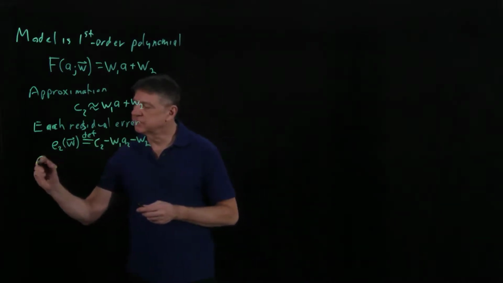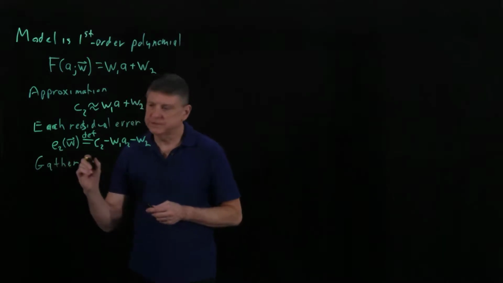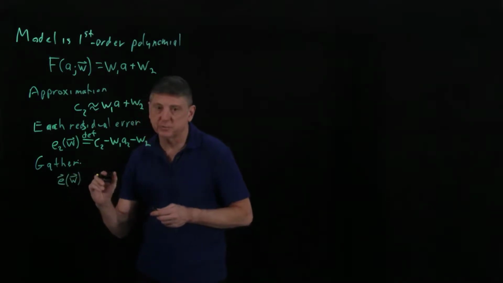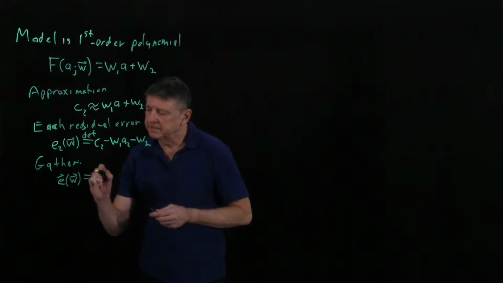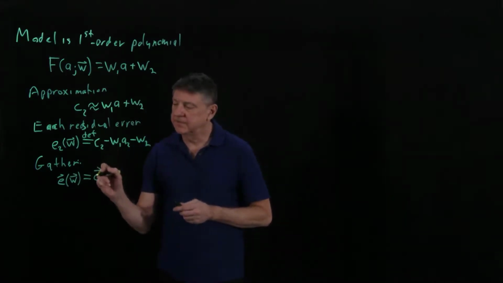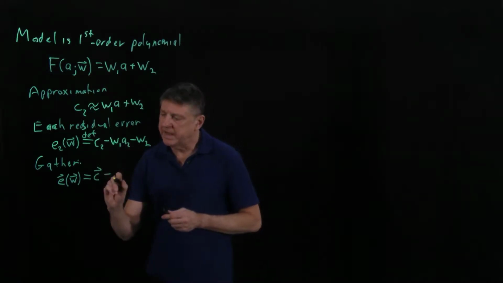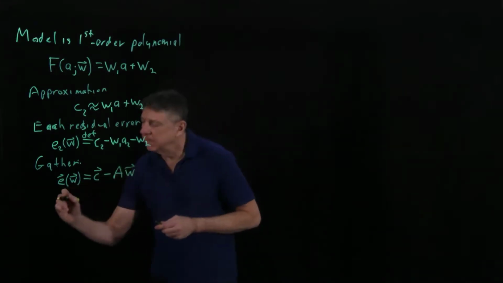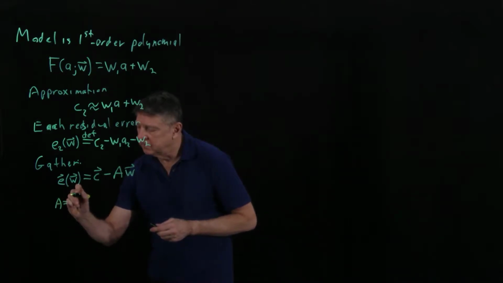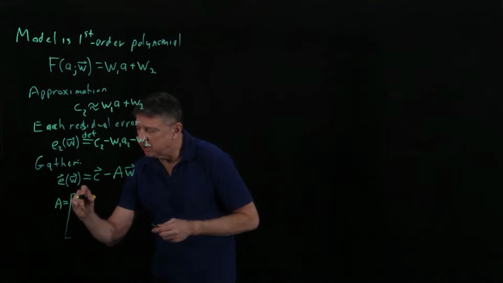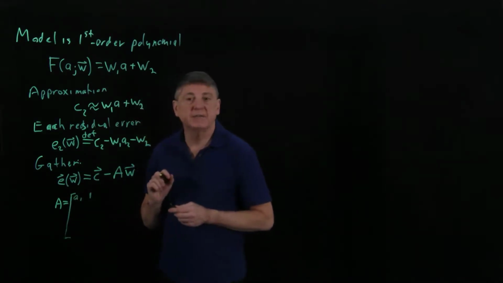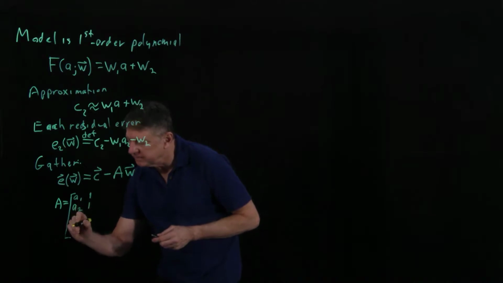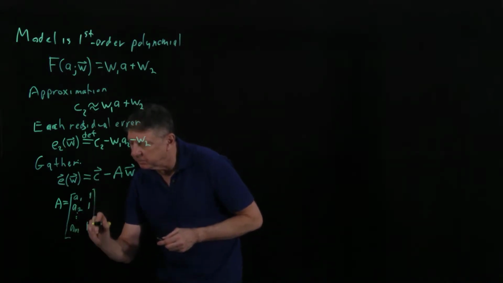And when we gather our terms, what we'll see is that our error vector that depends on the parameters that we choose will be the gathered dependent data in the vector C minus our model, and our model is A times W. And here, A will be, we can write this term by term as observation 1, and then to have an intercept we put a constant, and then observation 2, and so on until we've represented all of the observations that are present in our data.